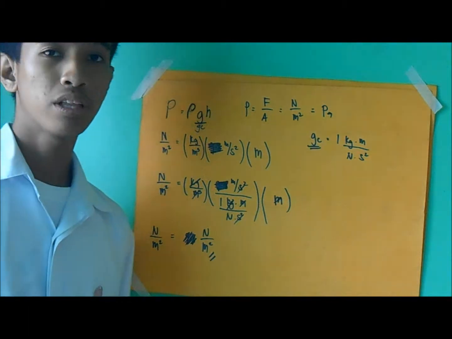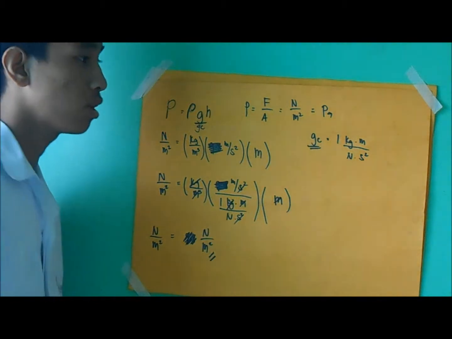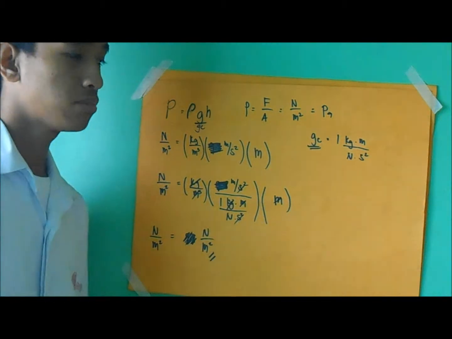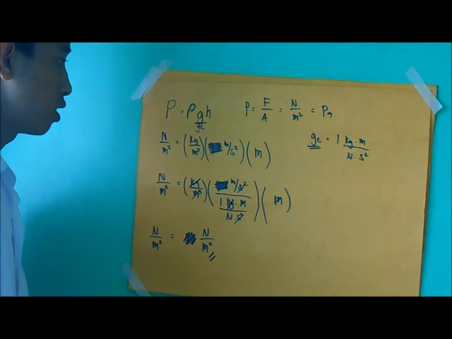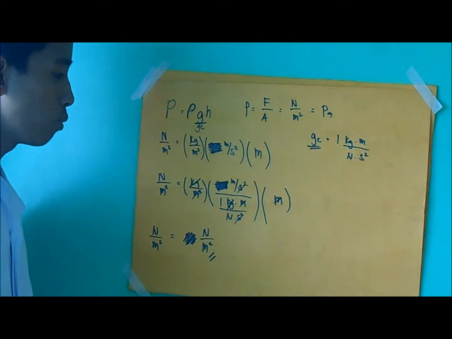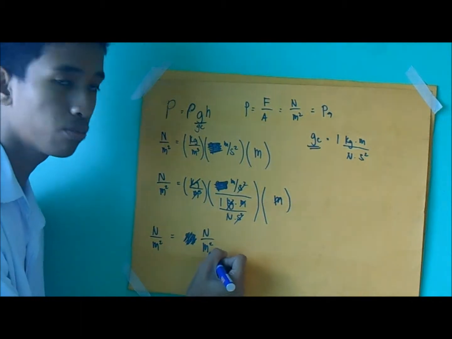So, we will now introduce the G sub c factor, which is 1 kilogram meter over Newton times second squared. Introducing that G sub c factor, we can now cancel the remaining units to get Newton per meter squared.